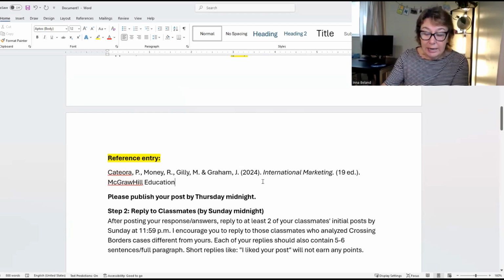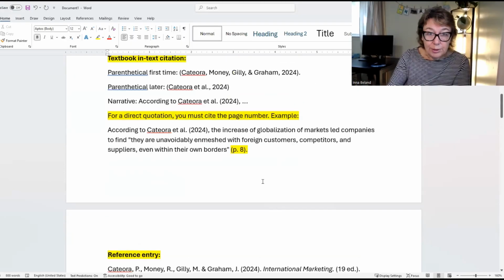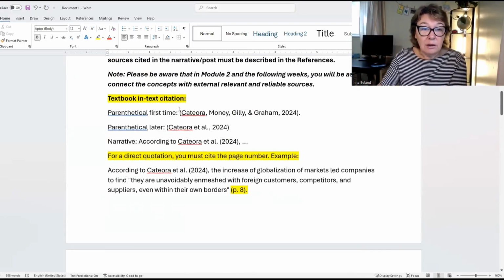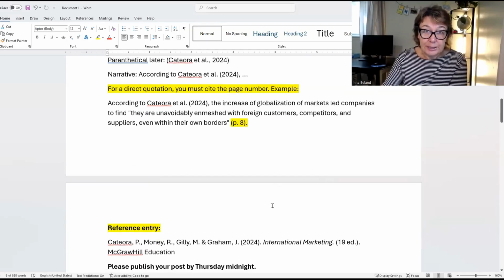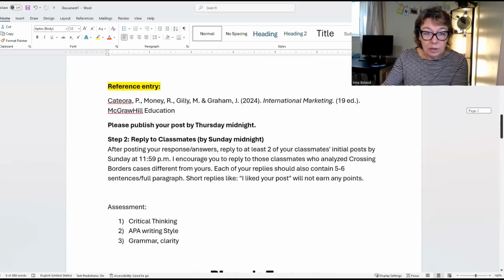So when you cite in your post, you just give me a very general label of the source, and in the references, you provide the full description of the source. Again, you have to use the APA format for your discussions. So this is for initial post requirements.